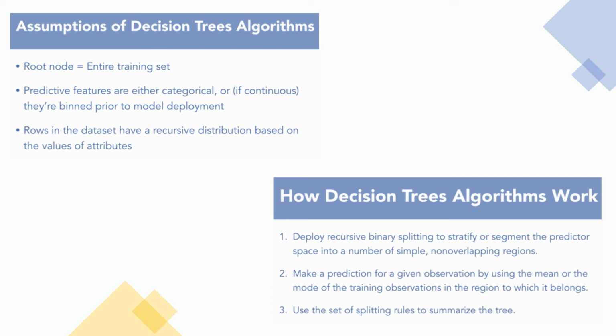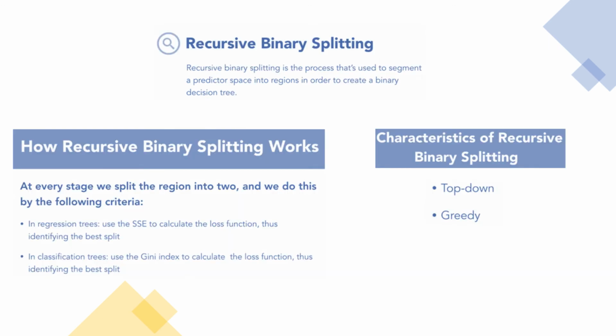At every stage, we split the region into two, and we do this by implementing something called recursive binary splitting. Recursive binary splitting is the process that is used to segment a predictor space into regions in order to create a binary decision tree. Recursive binary splitting stops when user-defined criteria are met.